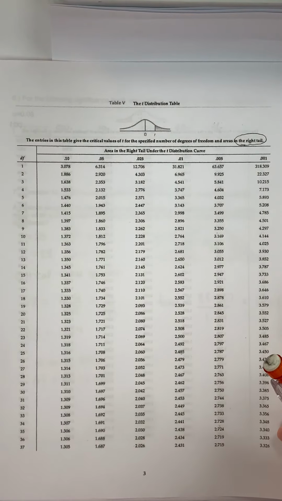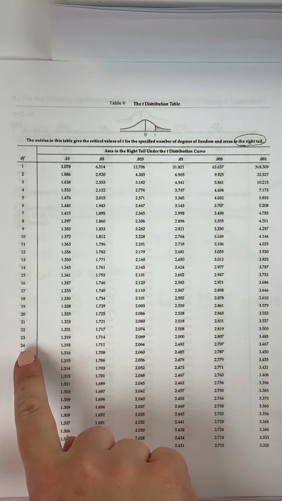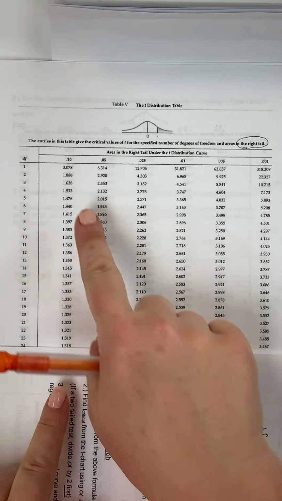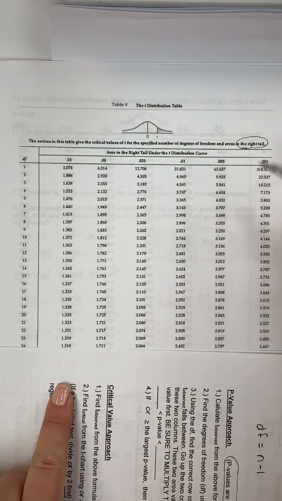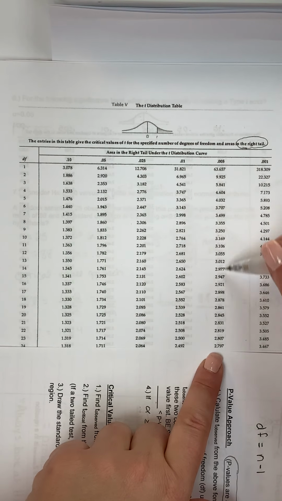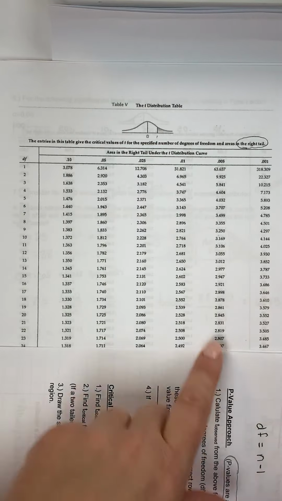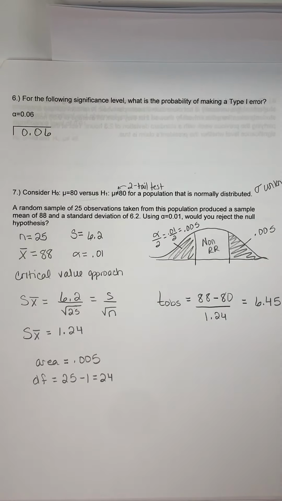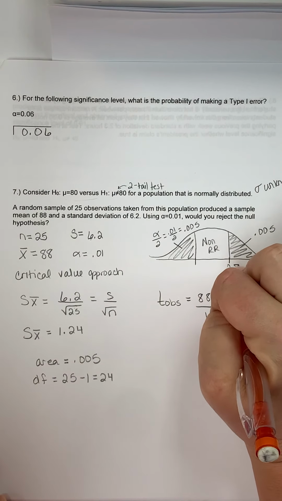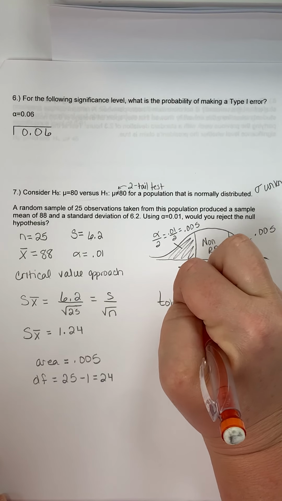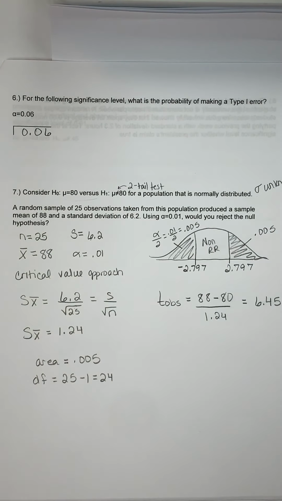Here's my T chart. I go down to degrees of freedom 24, and I'm reading across at 0.005. Come straight down, and I'm looking at 2.797. Remember, that's the positive, and here's the negative. So I have 2 of those.